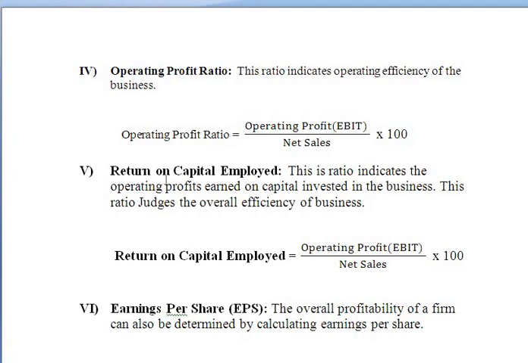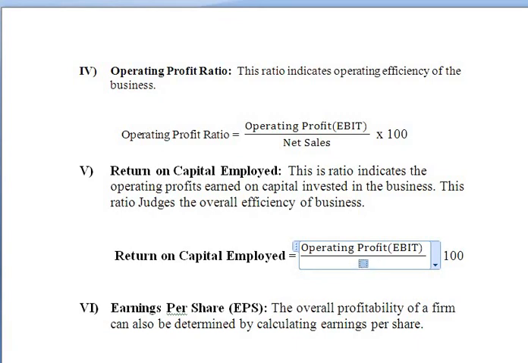Then next we have return on capital employed. This ratio indicates the operating profit earned on capital invested in the business. That is, in relation to the capital invested, how much profit the firm has earned. So it is the relationship between operating profit and capital employed.